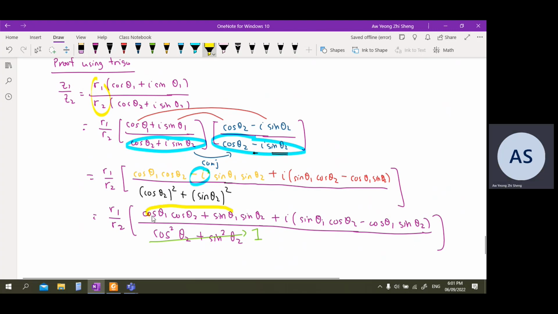Now observe that this term in yellow has the form cos A cos B plus sine A sine B. So I can apply a trigo identity and simplify it to become cos of A minus B, where A is theta 1 and B is theta 2.